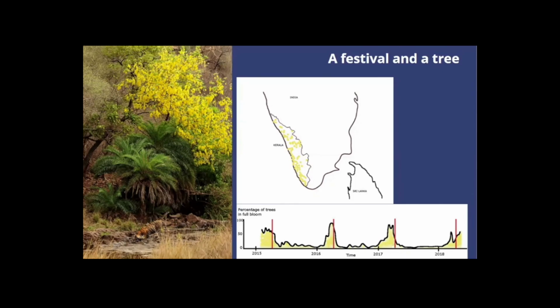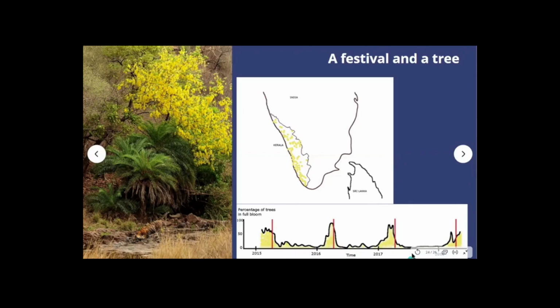So when this concern came from our citizen scientists, we thought, why not look at Season Watch data for the species to see whether there is some change that is happening and whether we can detect it. So in this graph, we plotted all the trees that were in full bloom in Kerala between 2015 and 2018.